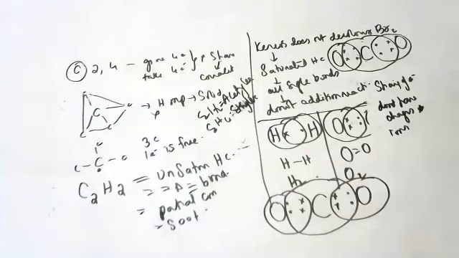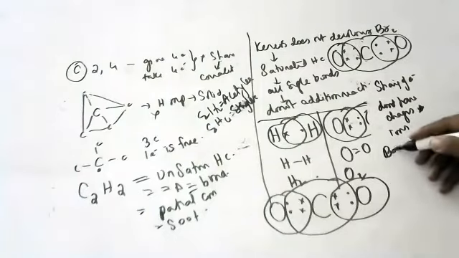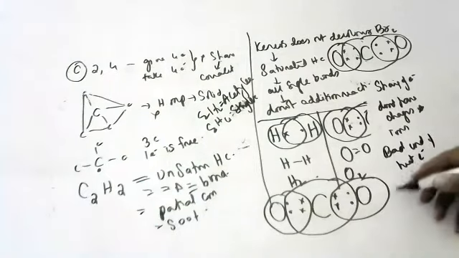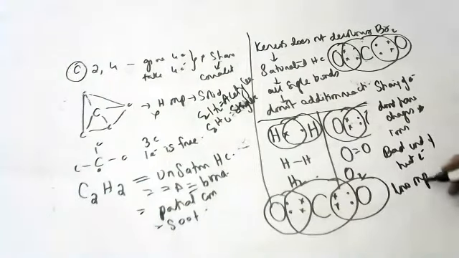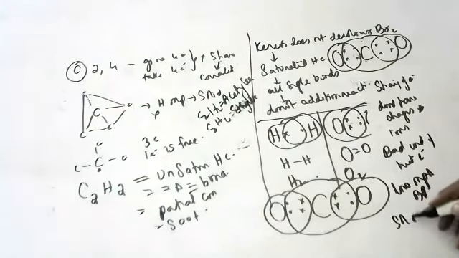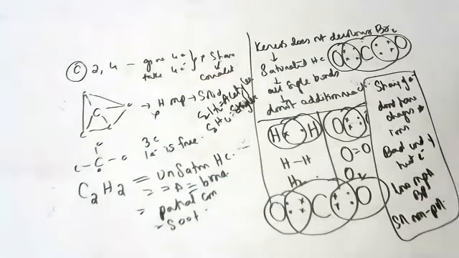When they don't have charges or ions, they are bad conductors of heat and electricity, and they have low melting and boiling points. They are soluble only in non-polar solvents. These are the properties: sharing, no charges or ions, bad conductance, low MP, low BP, and soluble only in non-polar solvents.